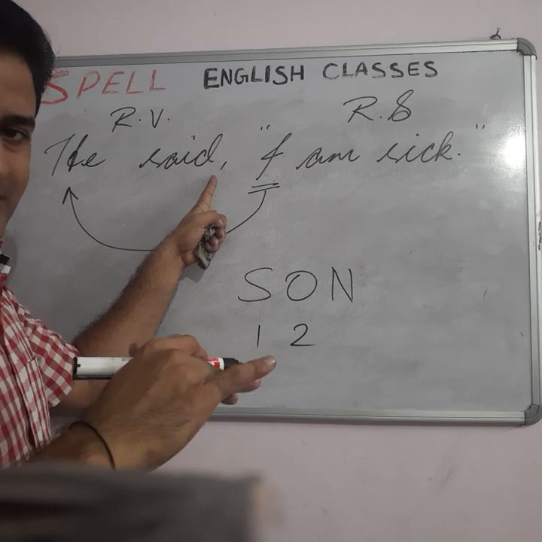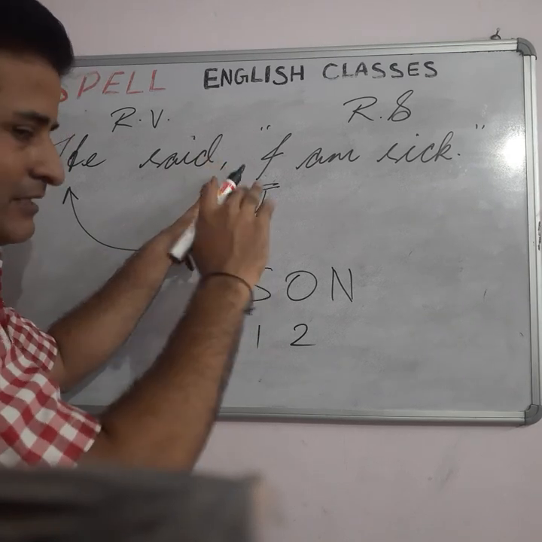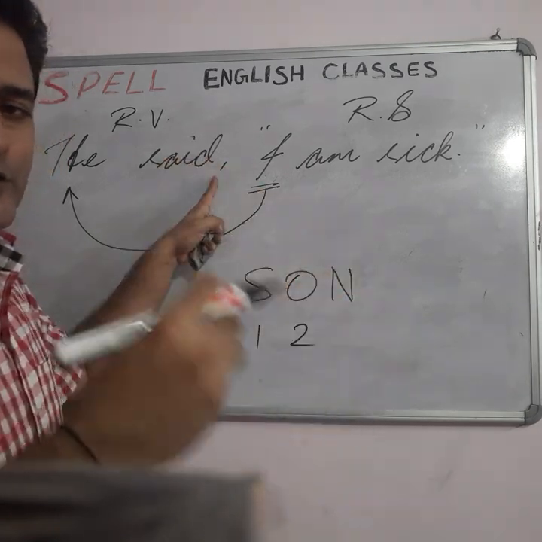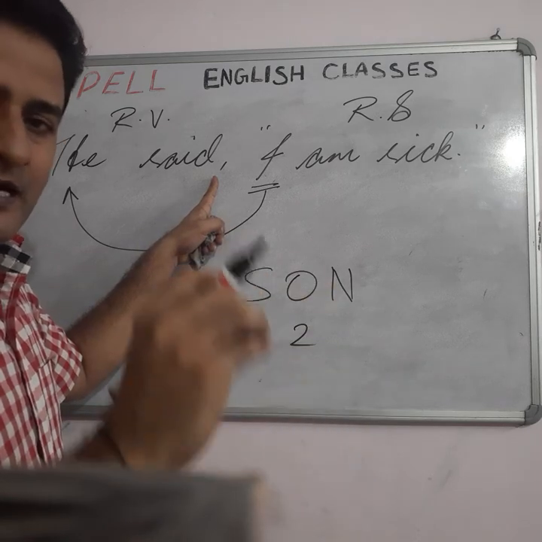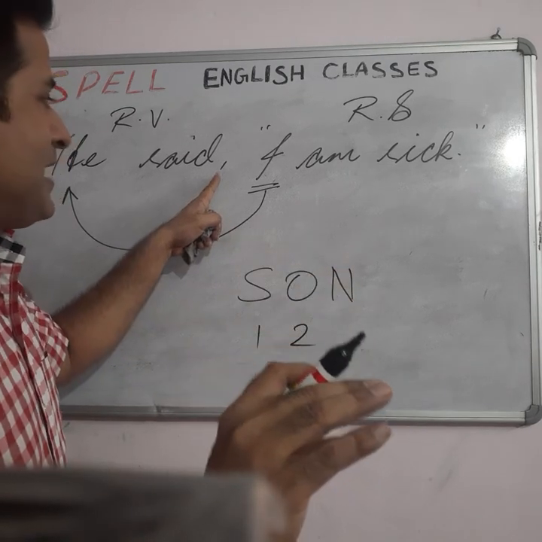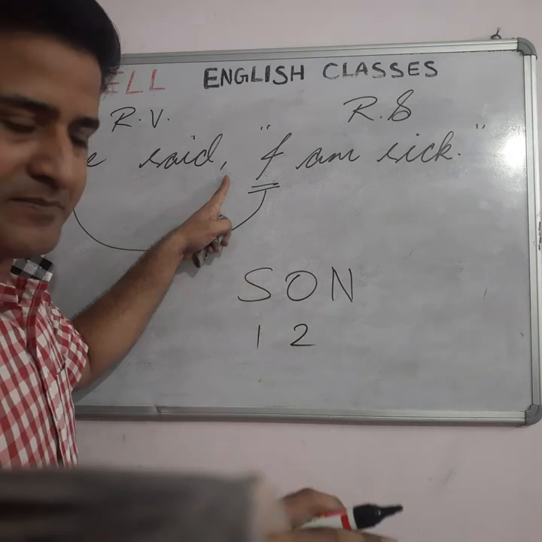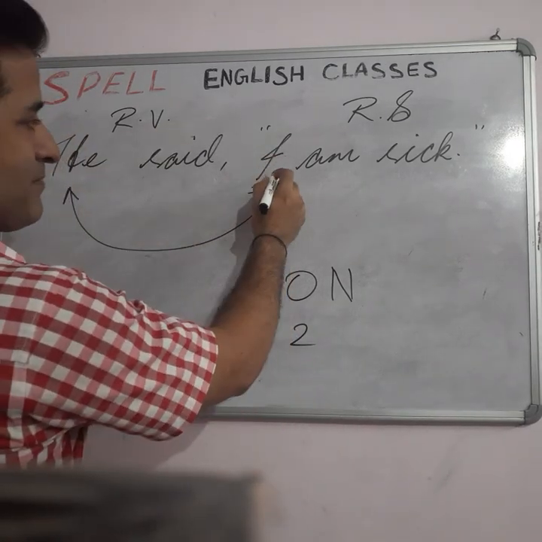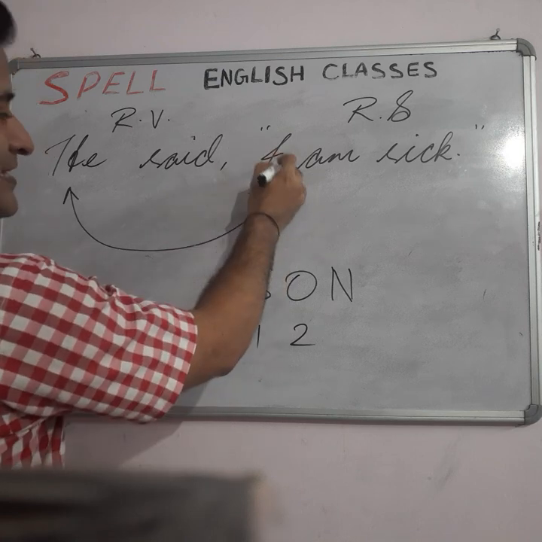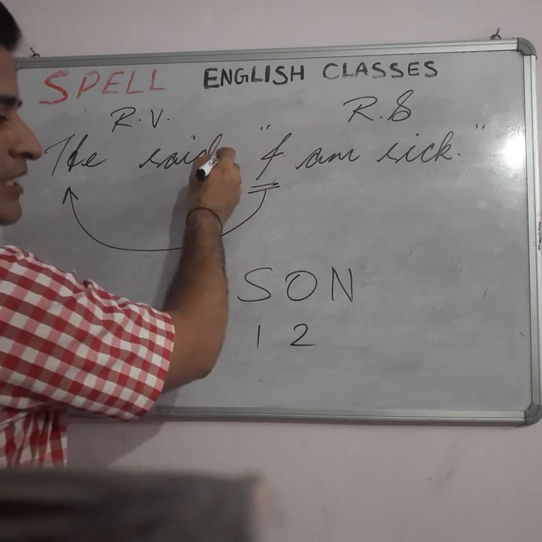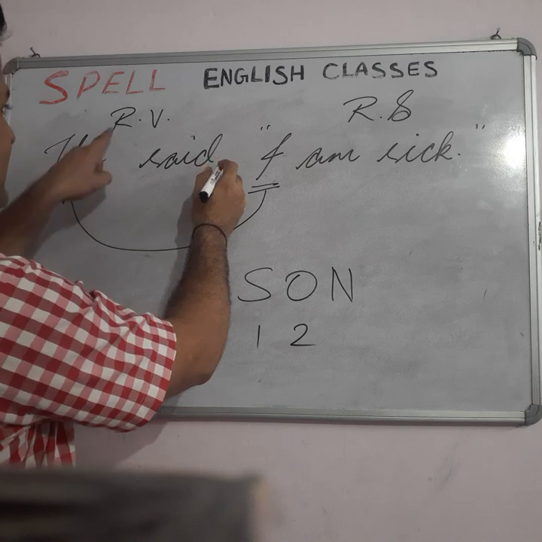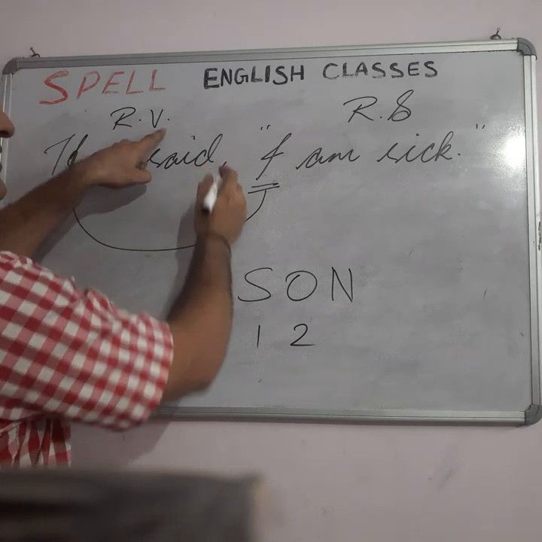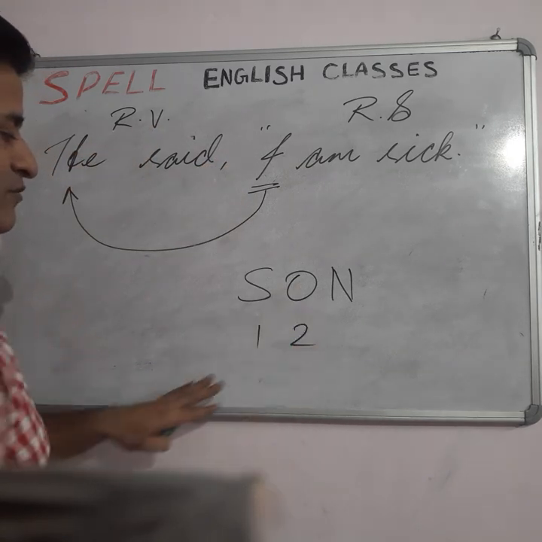In all such cases, when there is no object, you are free to make use of he. You can assume it to be a masculine singular member and make use of he. So in case of second person, we change this subject in respect of the object used in the reporting verb part.